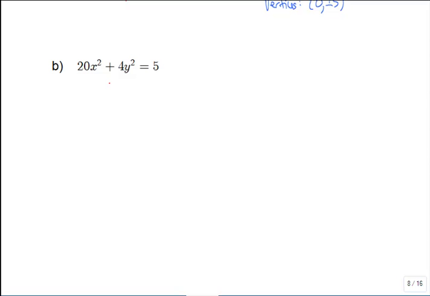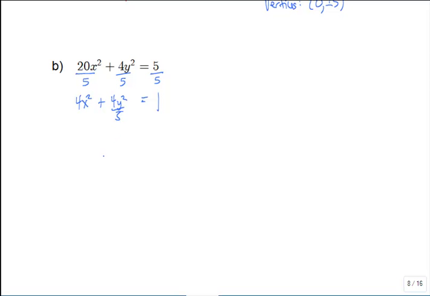So the key thing to do to turn this into that nice ellipse formula is to first get the 1 on the right hand side, which means we're going to need to get rid of this 5, and we can do that by dividing every single term by 5. So this becomes 1, and then we get 4x squared when we simplify that, plus 4y squared over 5.